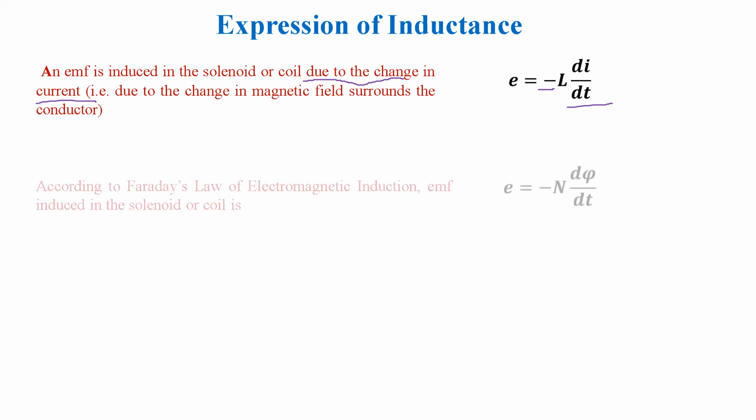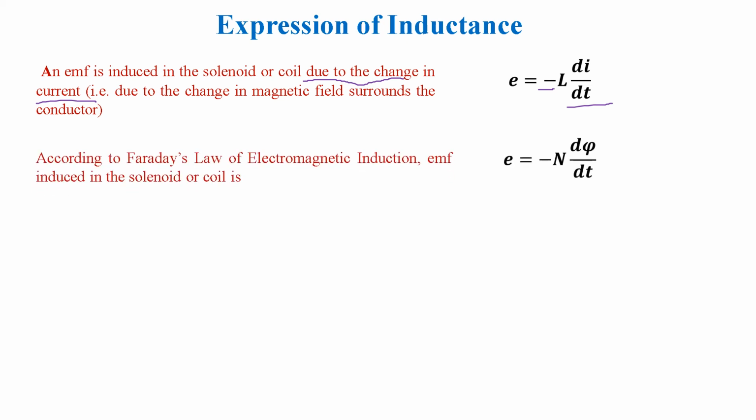Similarly, we know according to Faraday's law of electromagnetic induction that E is equal to minus N d phi by dt. These two induced EMFs are the same induced EMF, only the representation is different.